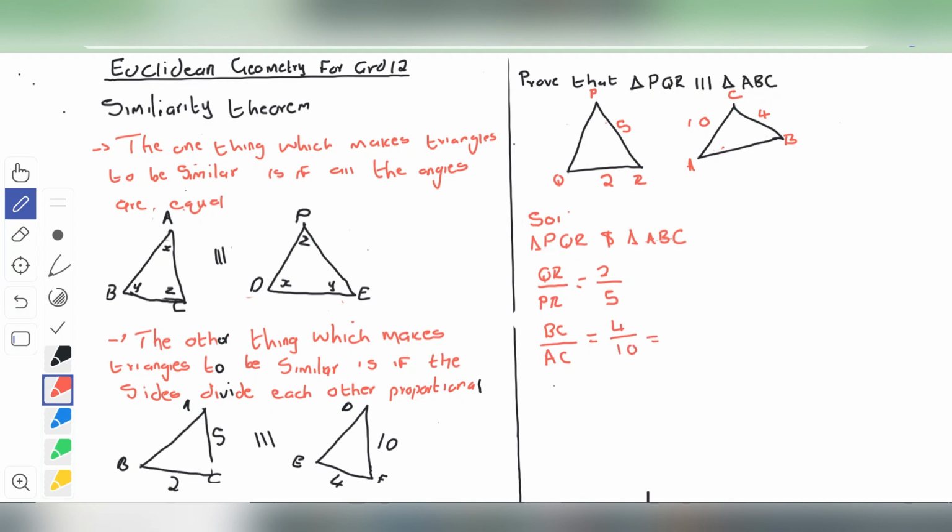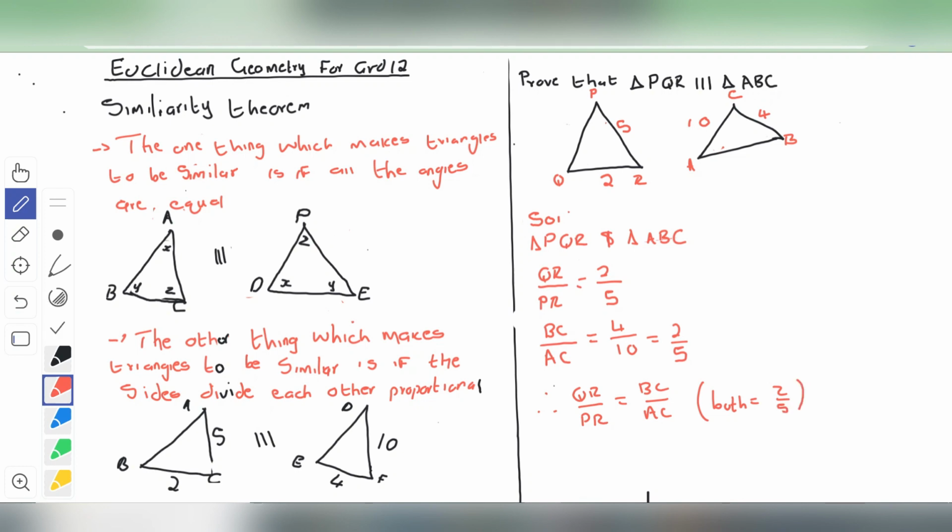And 4/10 is equivalent to 2/5. So, we can conclude that QR over PR is equal to BC all over AC.